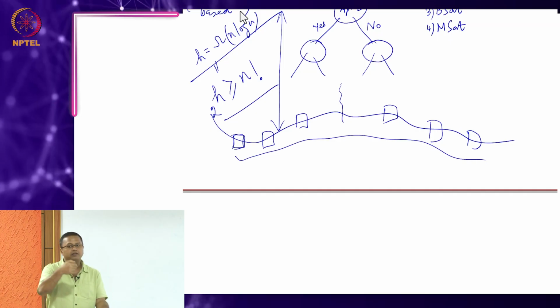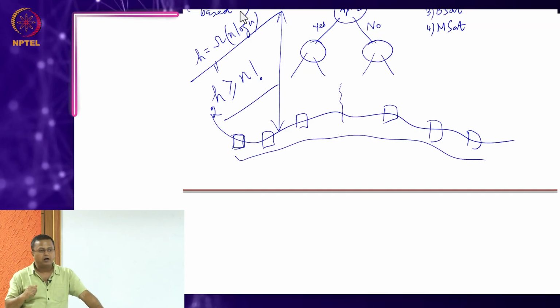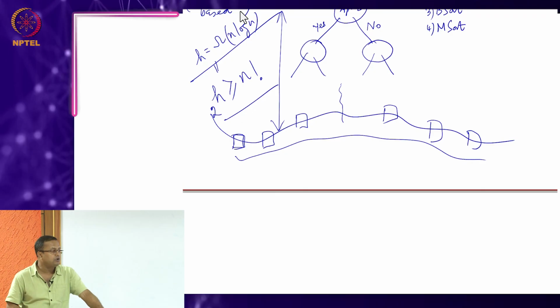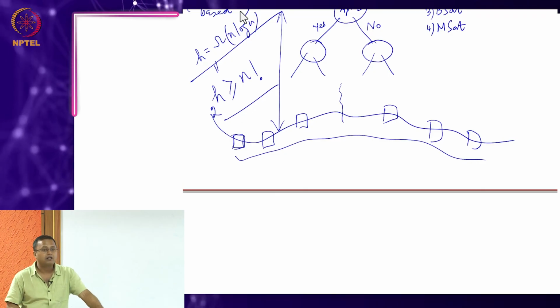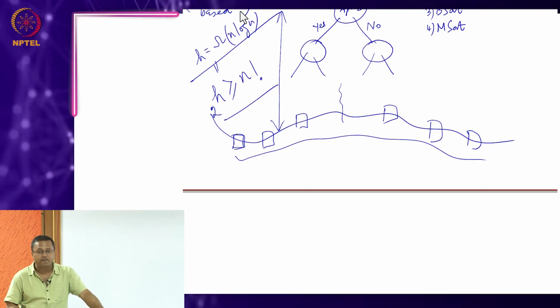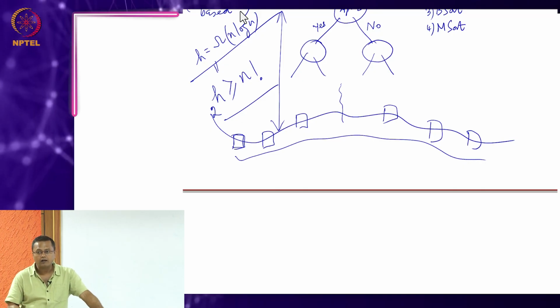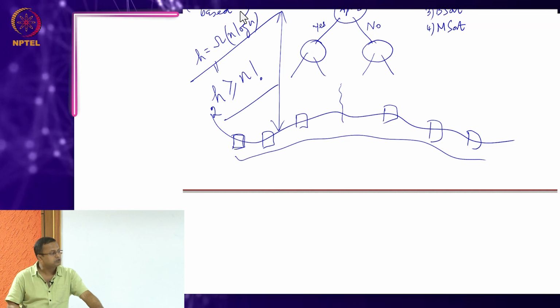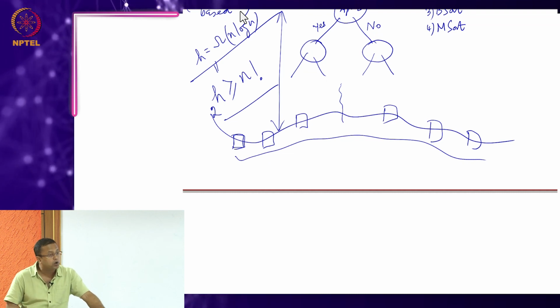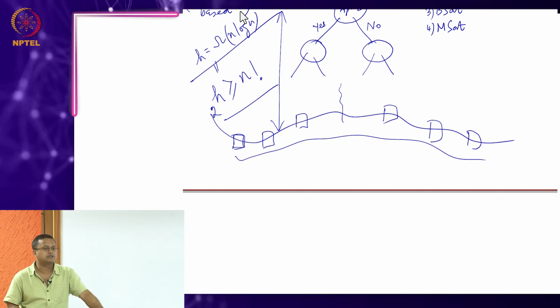Similarly, in the router problem, what was the impossibility that we saw? That unless you are storing the entire traffic, nothing significant can be done. So, that impossibility result translates to a lower bound on space.